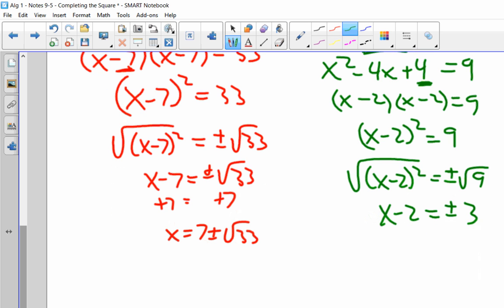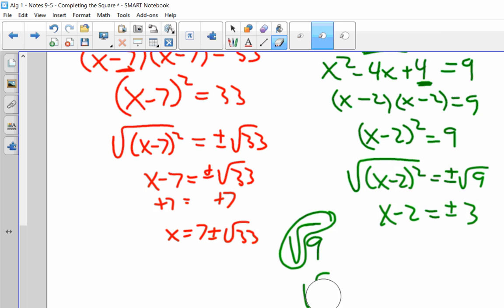A lot of kids, when they take the square root of 9 and they get 3, leave it as the square root of 3. This symbol is telling me to do something. When I actually do it and I get a real number, the square root symbol goes away because I did what it told me to do.